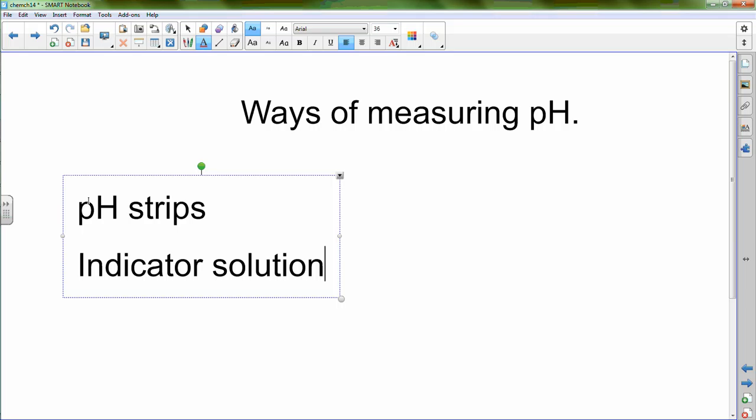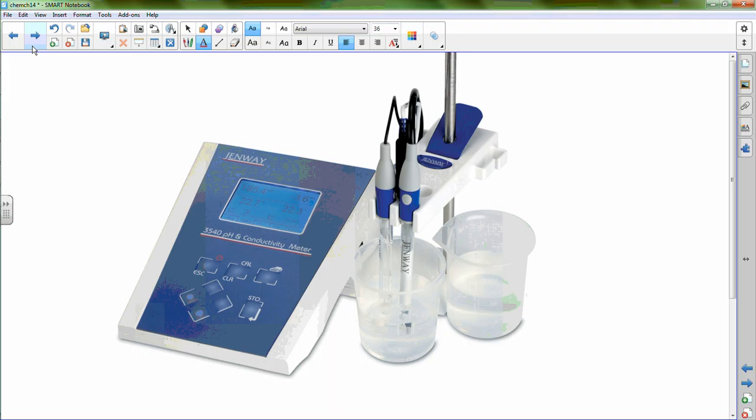Okay. Another thing that we can use to measure pH is a pH probe. So the way a pH probe works is it actually measures the electrical conductivity of the solution. By looking at how the electricity is able to flow between the two probes, it can measure what the pH is, the amount of dissolved ions in the solution. Only problem with those, they're kind of expensive. We do have one.